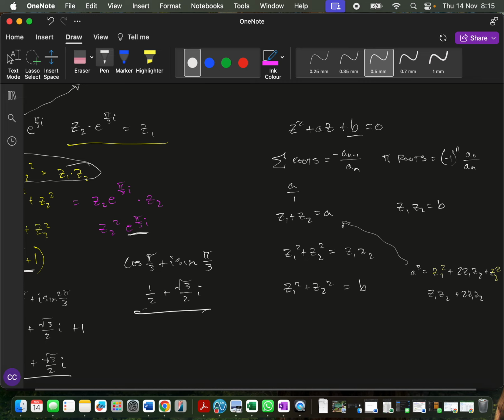And if we recognize this is b, then this would turn into a squared equals 3b.